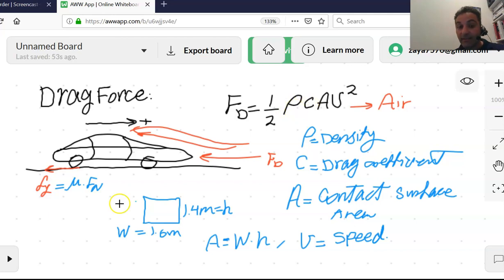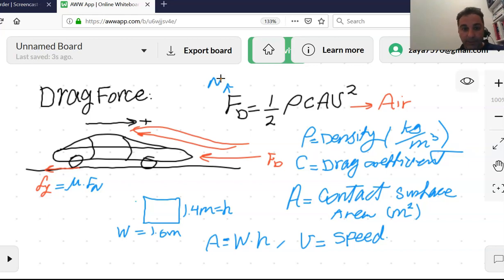C is like the friction coefficient, it doesn't have a unit. A is area, which is square meter, correct? Rho is kilogram per meter cube, and force becomes what? Newton.